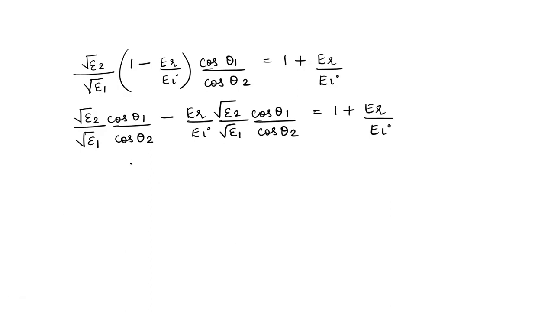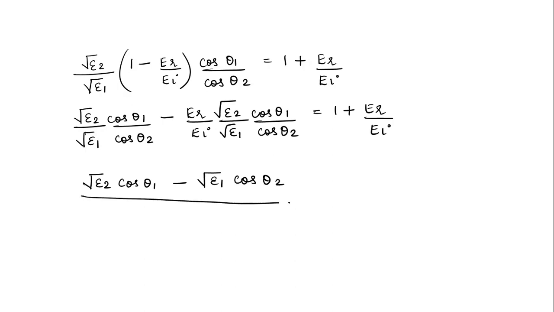Now I'm taking the LCM of this. So what will I get? Root of epsilon 2 cos of theta 1 minus root of epsilon 1 cos of theta 2 upon root of epsilon 1 cos of theta 2 is equal to ER upon EI.